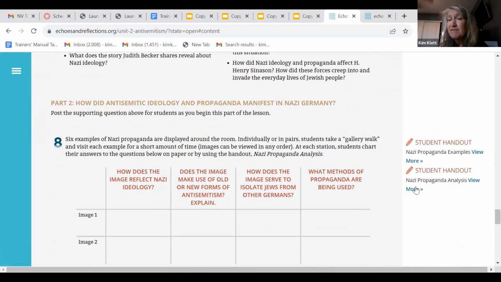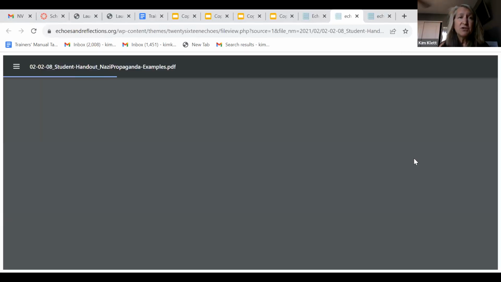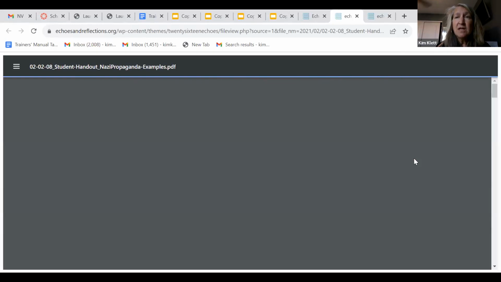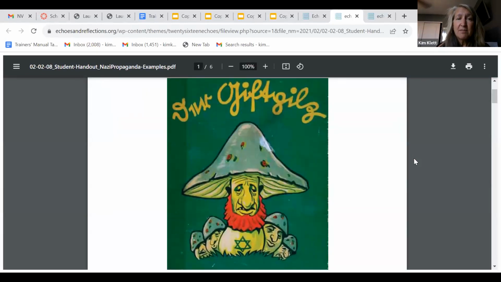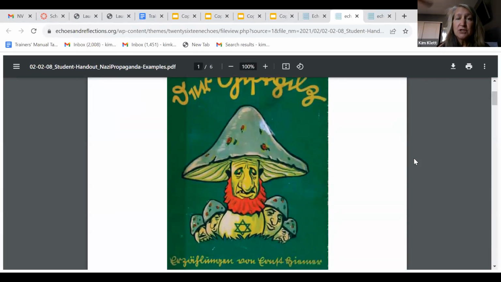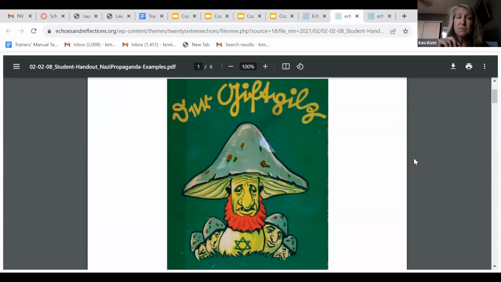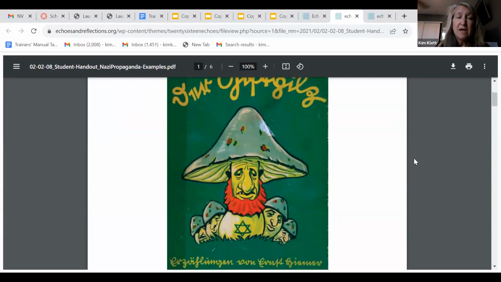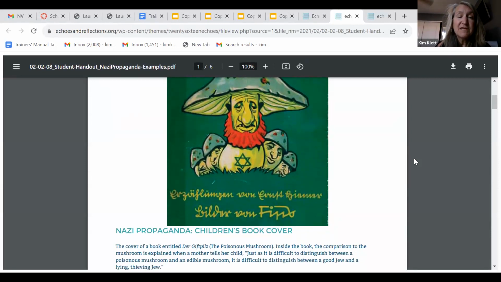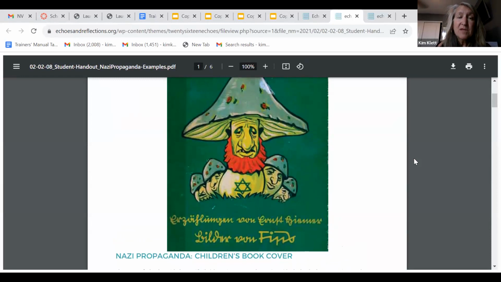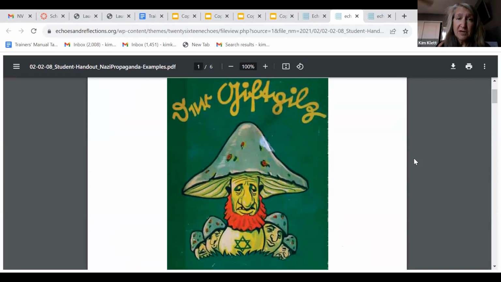There is a graphic organizer that your kids can fill out with this as well, if you choose. But these are all examples of propaganda that was directed toward children in the years of Hitler, so 33 to 39 for these, and they would have continued, of course. This is a book cover.